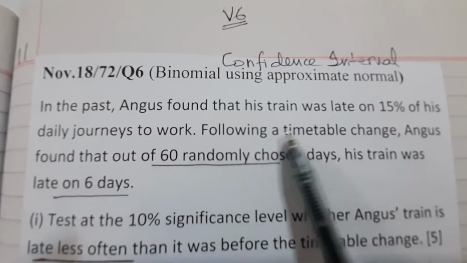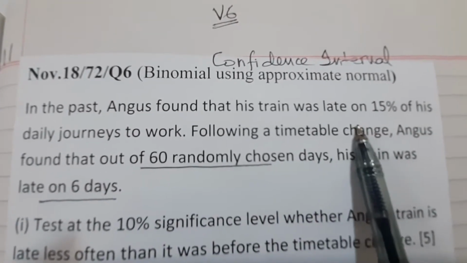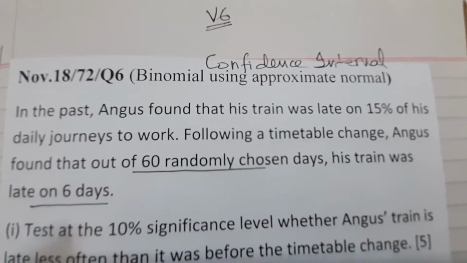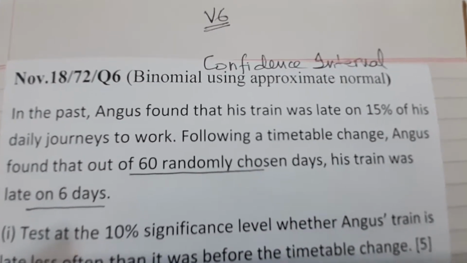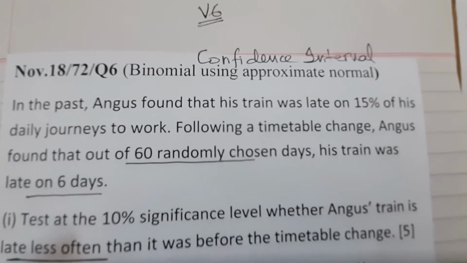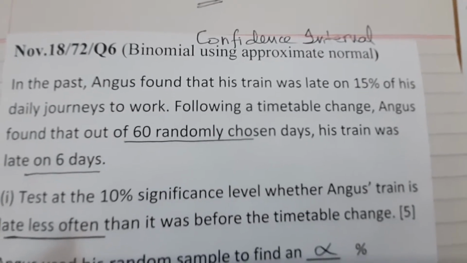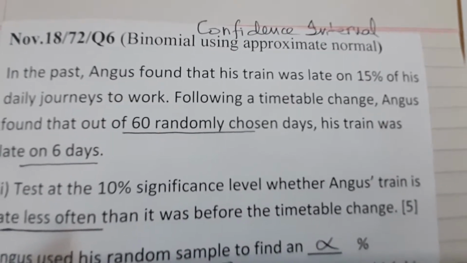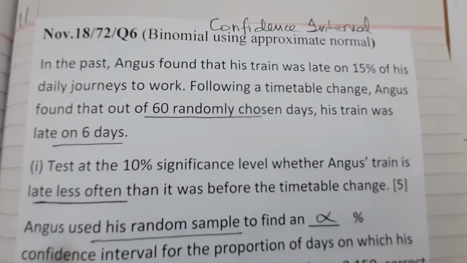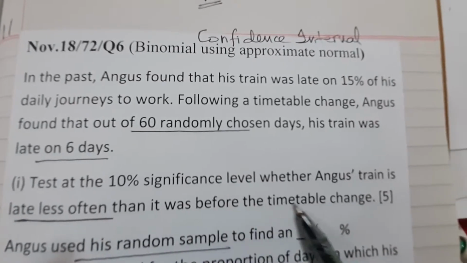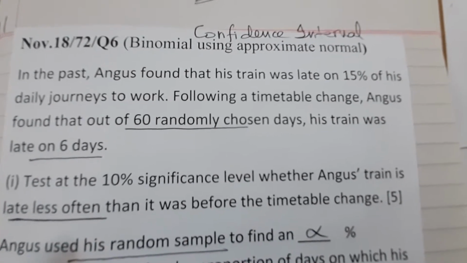So basically the proportion of train coming late is 15%, and following a timetable change, Angus found that out of 60 randomly chosen days, his train was late on 6 days. Now we have to do a test at 10% significance level, to find out whether trains are late less often than before the timetable change. So this is part 1.